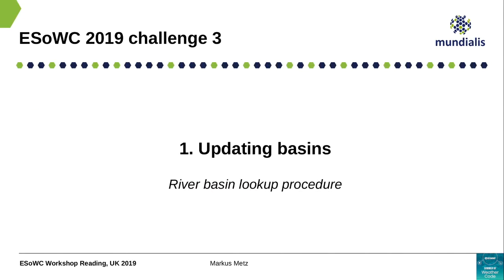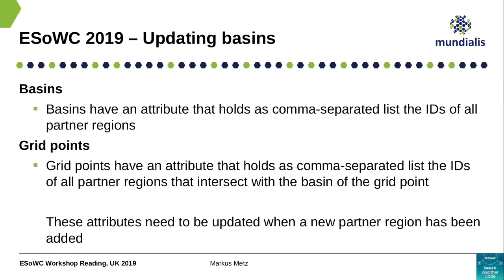The second task was to update basins with the river basin lookup procedure that Calum has also quickly presented. So we have an attribute for each basin that holds a comma-separated list of the IDs of all partner regions that somehow intersect with that basin. So it is an attribute that holds all the IDs of the partner regions that intersect with the particular river basin of this grid point.